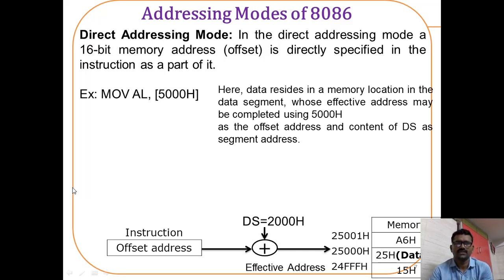How does it generate the physical address? The data is present in the data segment, so it requires the base address of the data segment, and the offset address is specified in this instruction. It will get the offset address from the instruction and add the data segment register contents, and get a physical address like this.